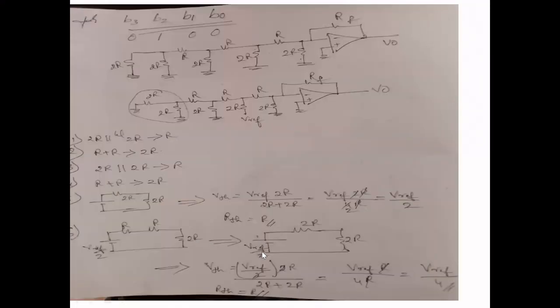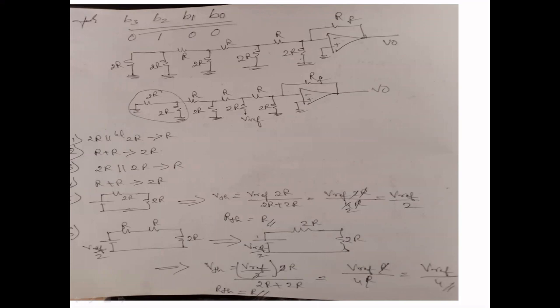So V reference by 2, R and R would be 2R and 2R in parallel. When you simplify this, V reference by 2 into 2R divided by 2R plus 2R, you get V reference by 4. And RTH, when you ground the voltage source and find Thevenin's resistance, you get it as R.